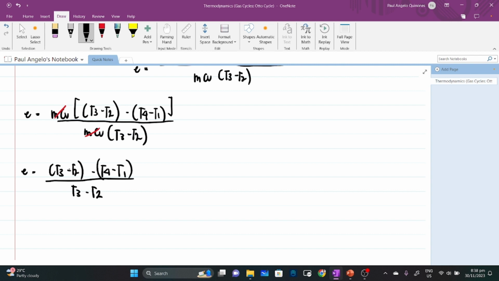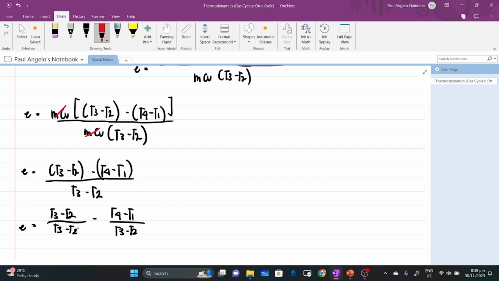Since they are sharing the same denominator, we can separate the two of them. So, you will have the efficiency is equal to T3 minus T2 over T3 minus T2, minus T4 minus T1 over T3 minus T2.